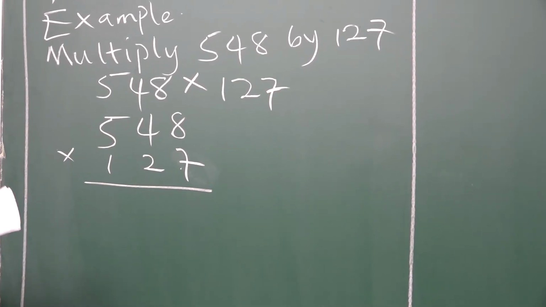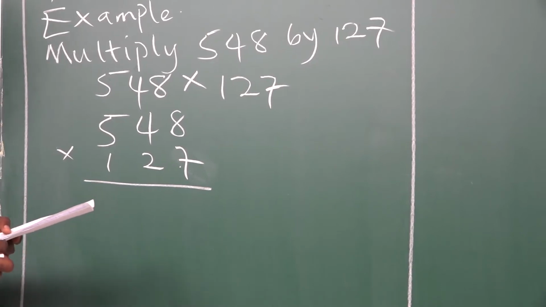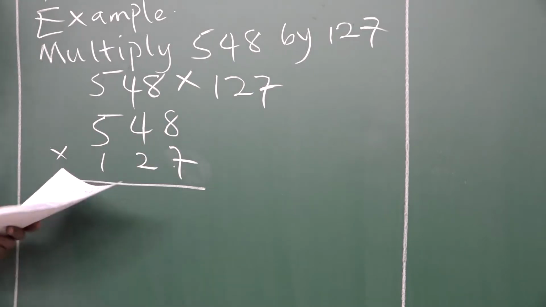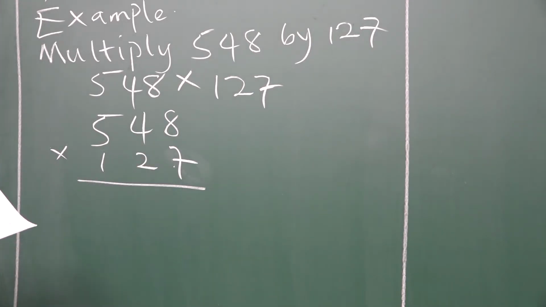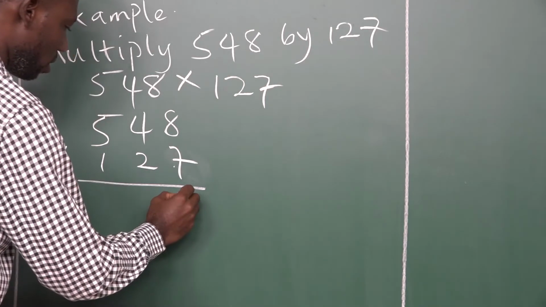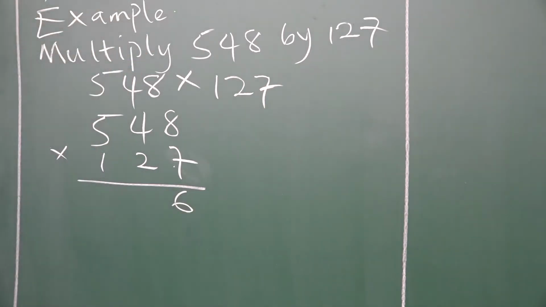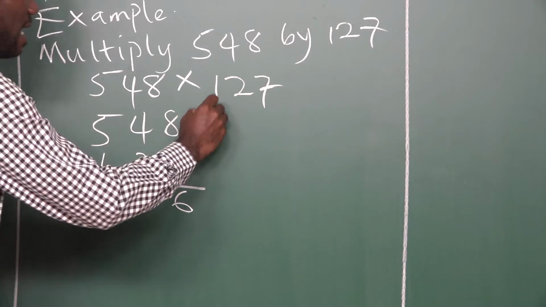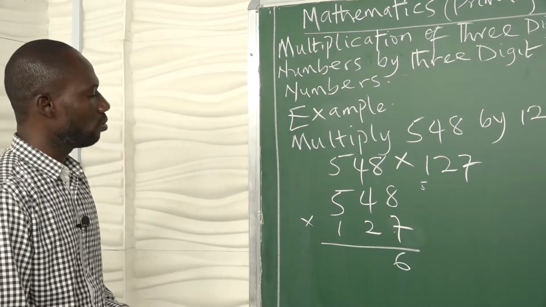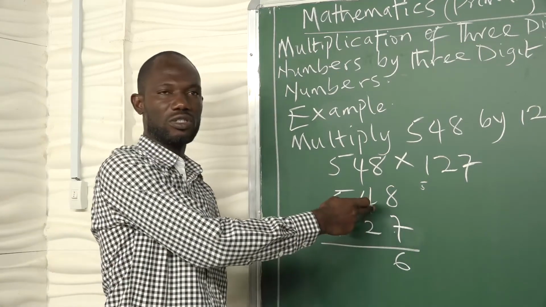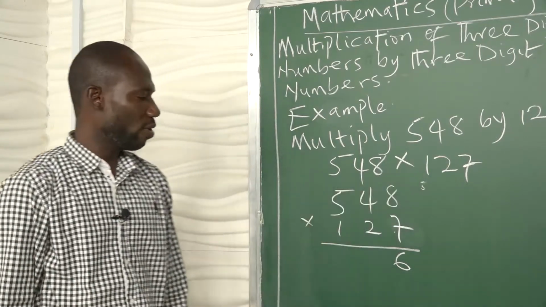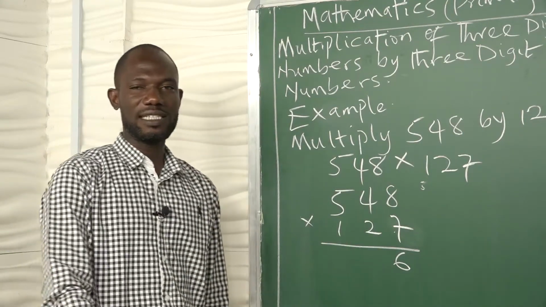So for now, 7 multiplied by 8 will give us 56, and we'll write 6 and keep 5 aside. Then we have 7 multiplied by 4. 7 multiplied by 4 will give us 28, plus the 5 we kept away, it will give us 33.